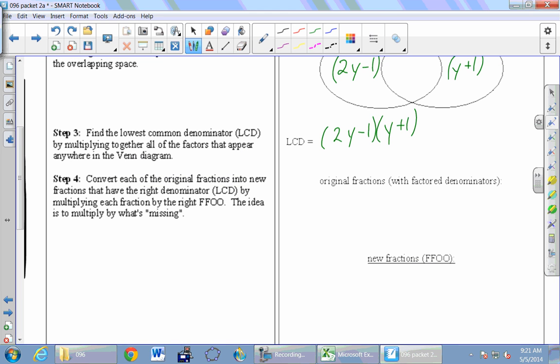So let's write the original fractions. Somebody help me out. What was the first one? Was it y over 2y minus 1? And then the other fraction was 2y over y plus 1, like that. Okay. And now we're going to fill in some foo-foos in order to build the correct denominators.